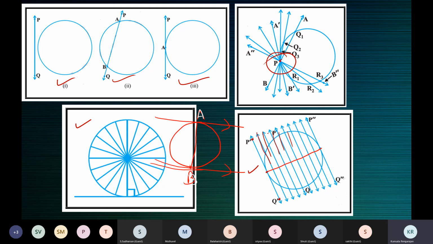So that means you can draw only one tangent parallel to a given tangent. Supposing you're given a tangent to the circle, how many tangents can you draw parallel to the given tangent? You can draw only one. So if the given tangent is P dash Q dash, then the tangent parallel to P dash Q dash is P double dash Q double dash.